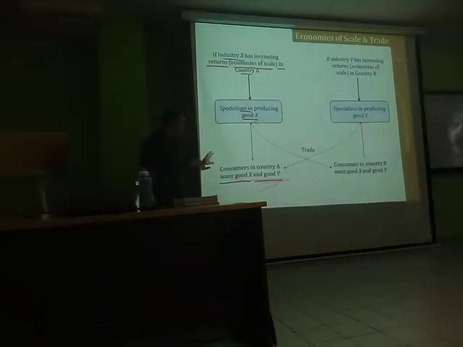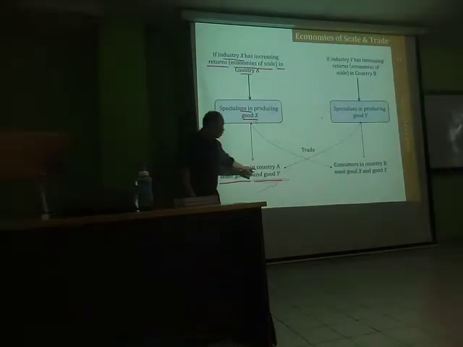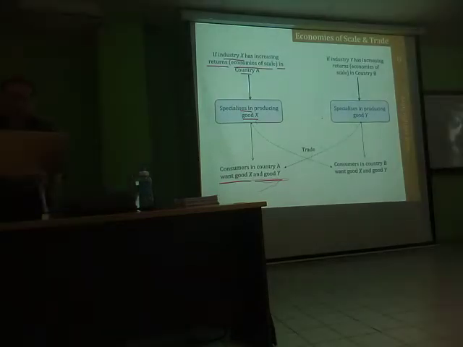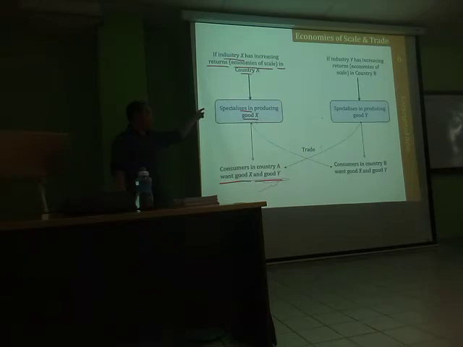At the same time, consumers also require the use of good Y, but good Y is not produced in country A. So we need to trade with other countries. Here we have good Y, which is produced by country B because country B has economies of scale in producing it. So country B will specialize in good Y and then they trade with each other.